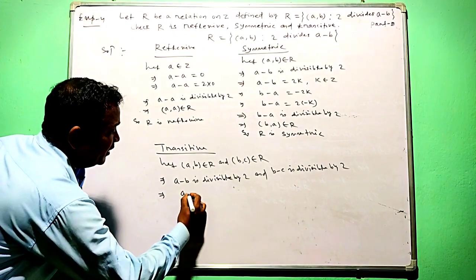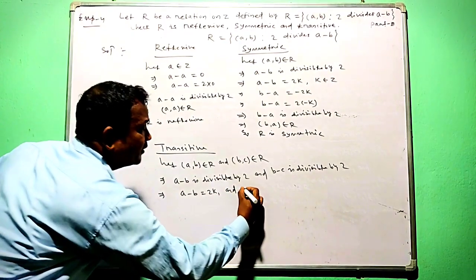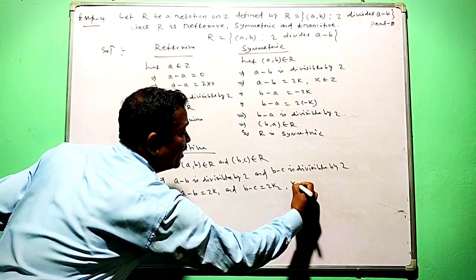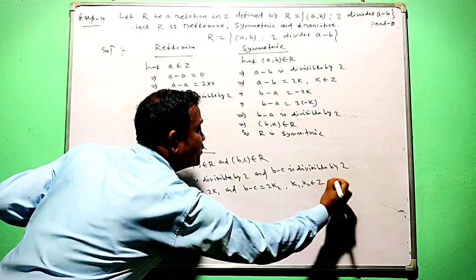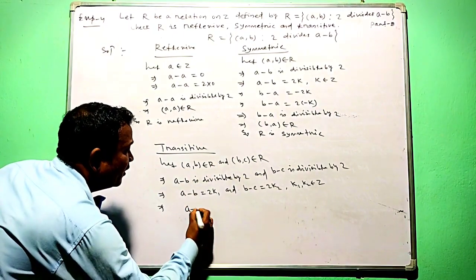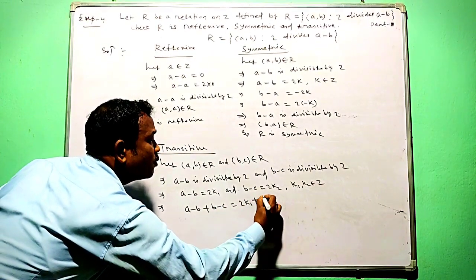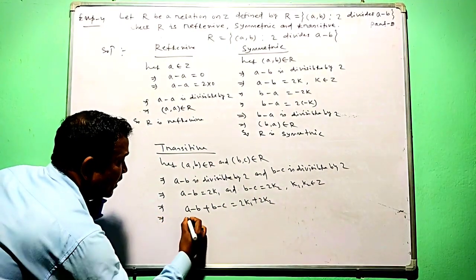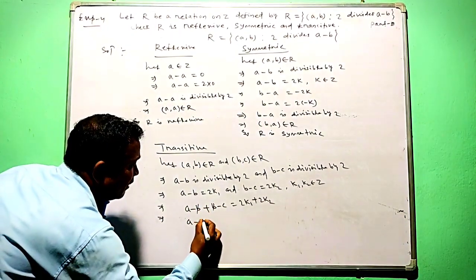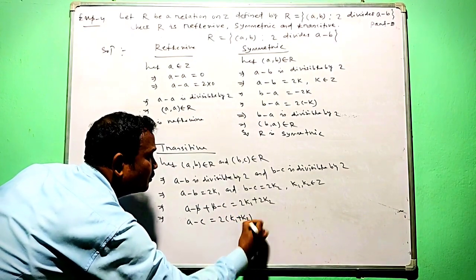Mathematically we write a minus b is equal to 2 into some constant k1, and b minus c is equal to 2 into another constant k2, where k1, k2 are elements of Z set. Then adding the two equations, a minus b plus b minus c is equal to 2k1 plus 2k2. That implies here b is cancelled, then a minus c is equal to, taking 2 common, 2 into (k1 plus k2).